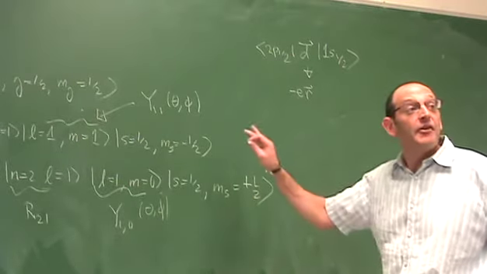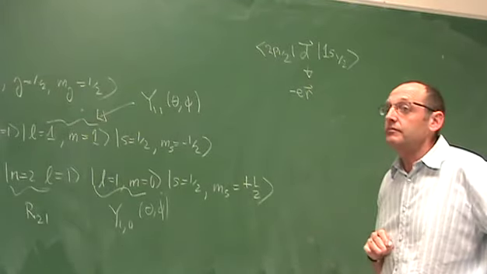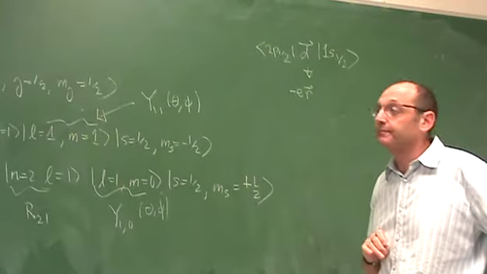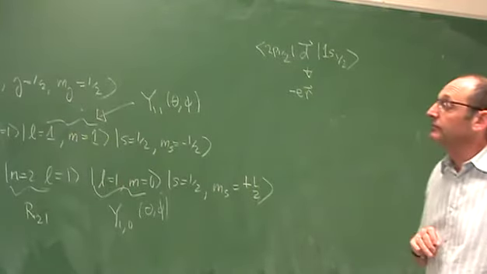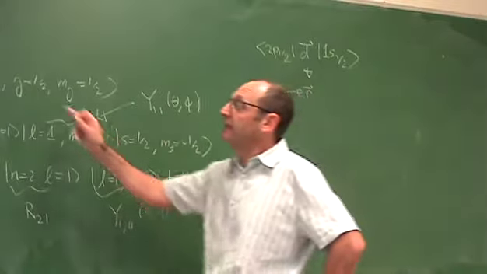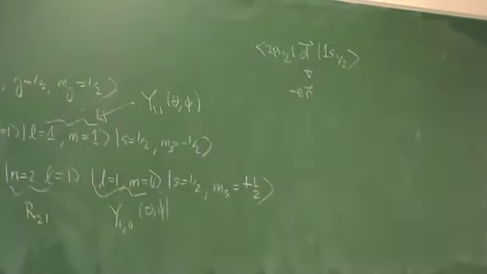Does anybody have any other questions about that? Okay, good. Why did you only take 2 states? Is it just for example, or are these the only 2 states that exist in this superposition? Right, because L is fixed, L is 1, and S is fixed, S is a half.